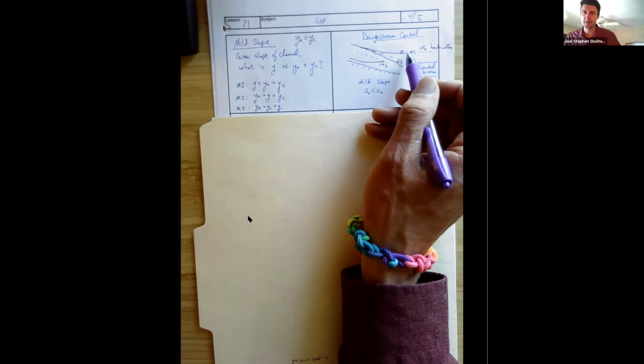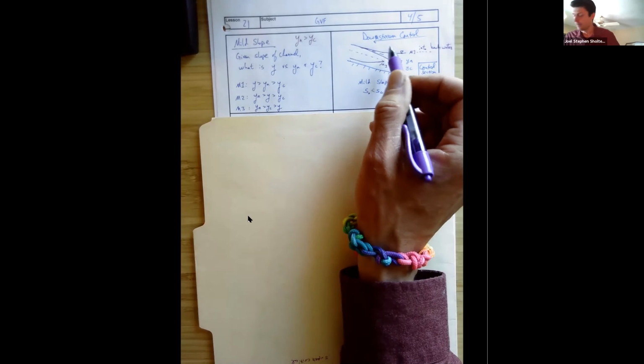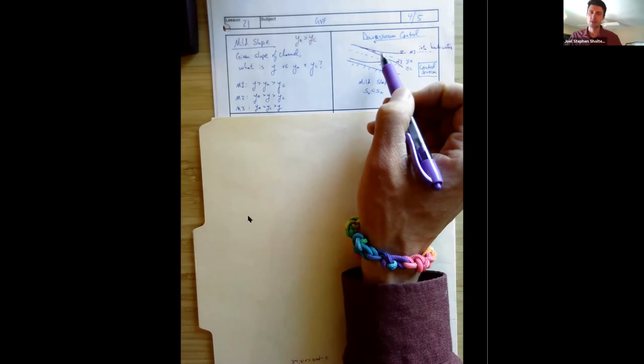And so whatever is happening downstream influences upstream for mild slopes. And again, if you go back to that Froude number where I threw the pebble in the water, my Froude number is less than 1. That means the celerity of the gravity wave made from that pebble in the water can propagate upstream. So downstream can influence upstream. That's a key thing here.